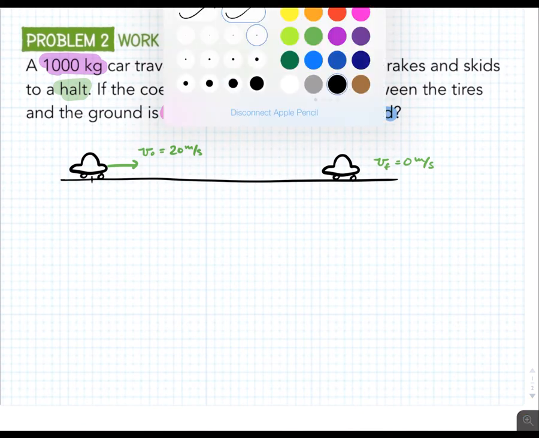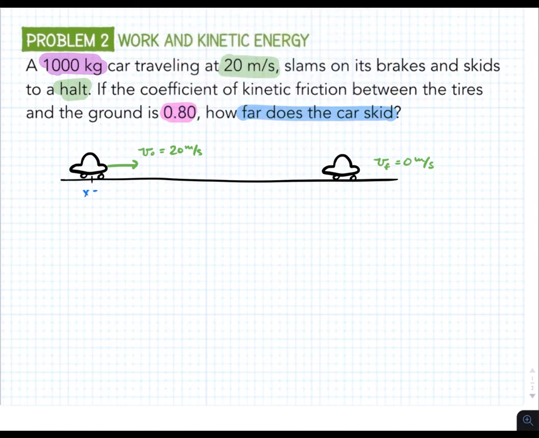We start at x equals 0, and we finish at x final, which we don't know. As we slide to a halt, the coefficient of friction is 0.8. And one last thing: the car has a mass of 1,000 kilograms.